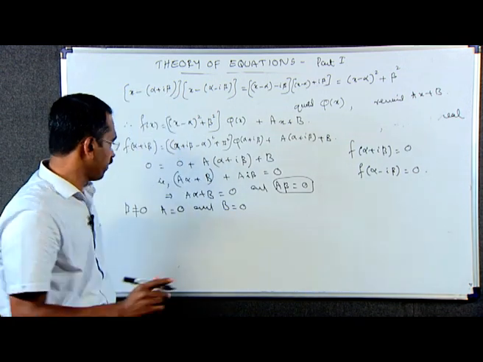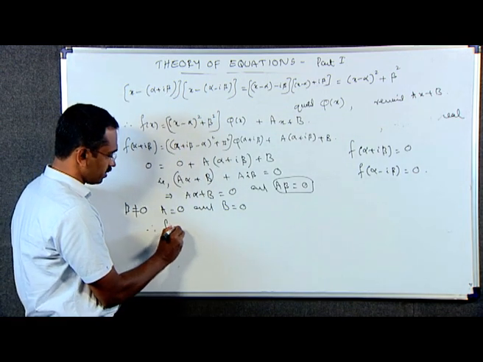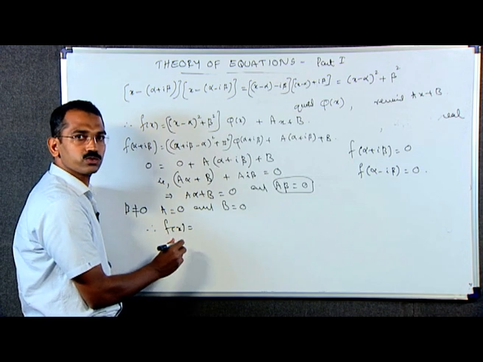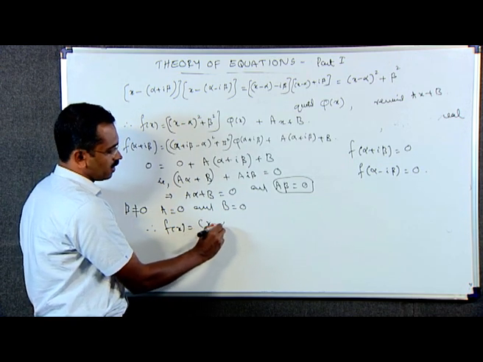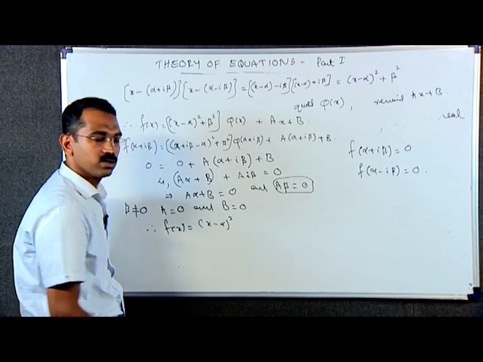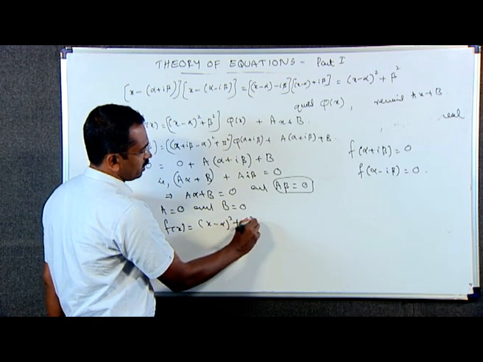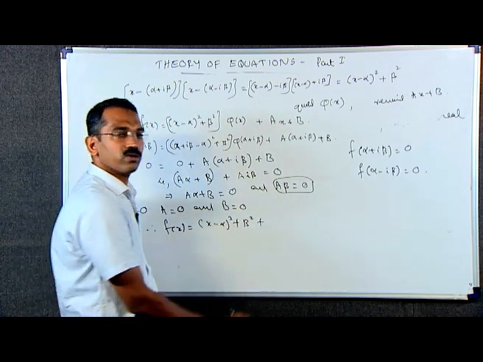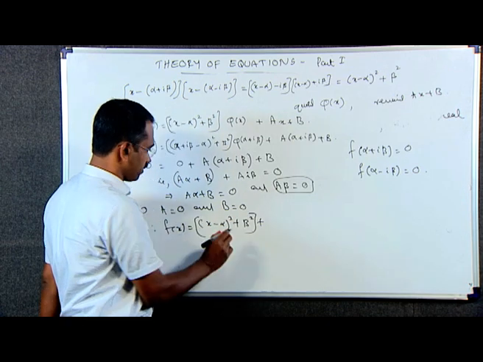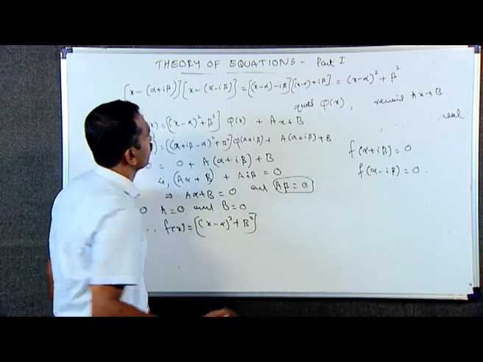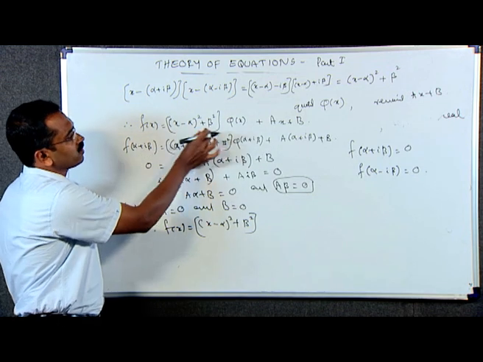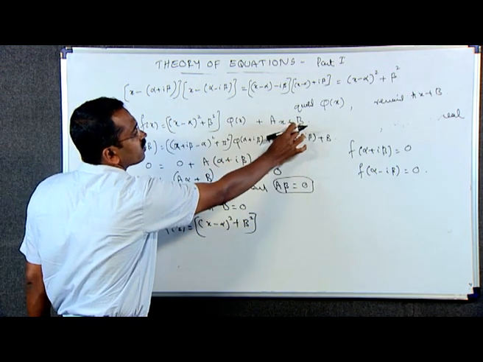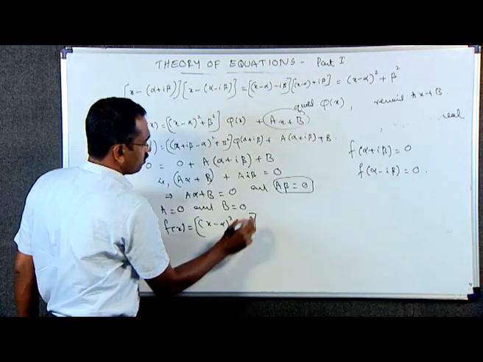Therefore, f(x) can be written as f(x) is equal to ((x minus alpha) the whole square plus beta square) into phi(x) plus ax plus b. Here a and b are 0 means this term will become 0.